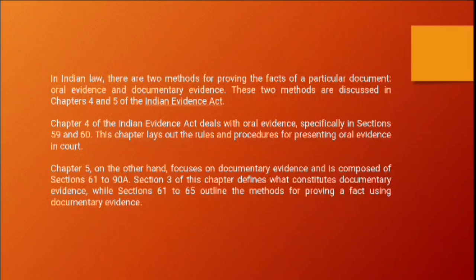Section 3 of the chapter defines what constitutes documentary evidence, while section 61 to 65 outlines the method for proving a fact using a documentary evidence. So, in chapter 4 and chapter 5, the methods are discussed on how a particular document is to be proved.